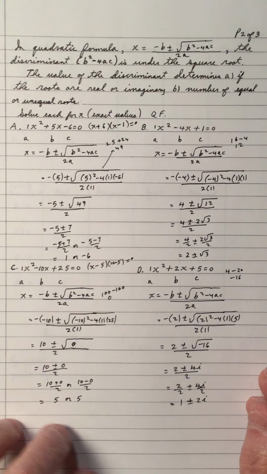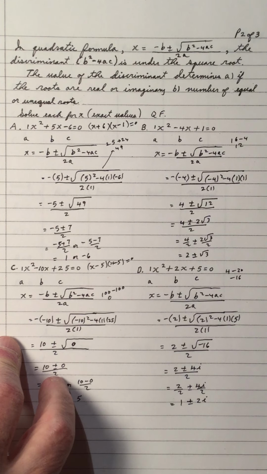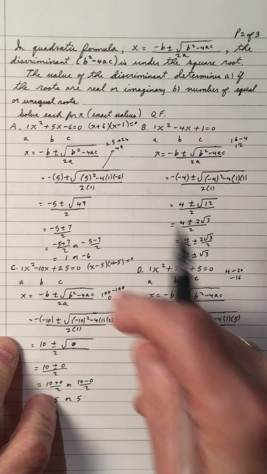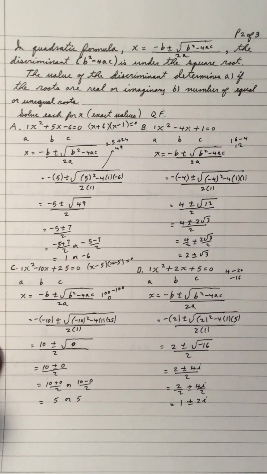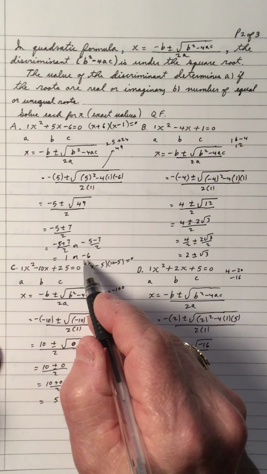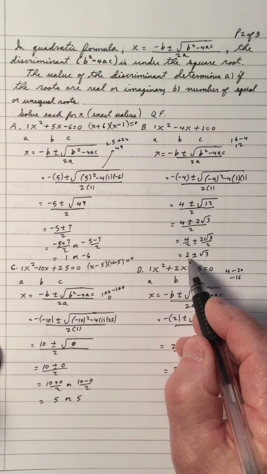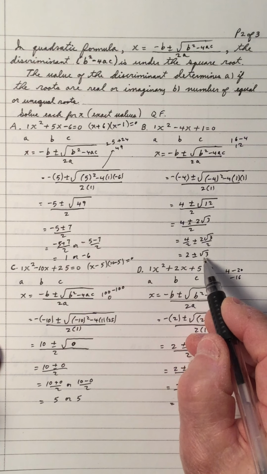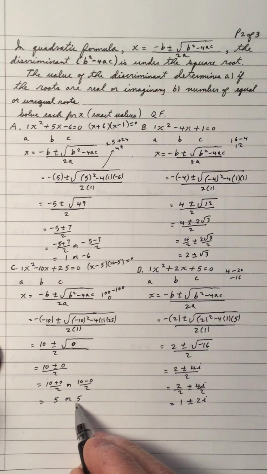Okay, we have all the roots. Now, what I'm going to do is transfer all this info that I have on these 4 to a page over here. So notice the roots here are 1 and negative 6. That's real roots. Notice I have 2 plus root 3, 2 minus root 3, that's real roots. Notice I have 5 and 5, they're real roots.